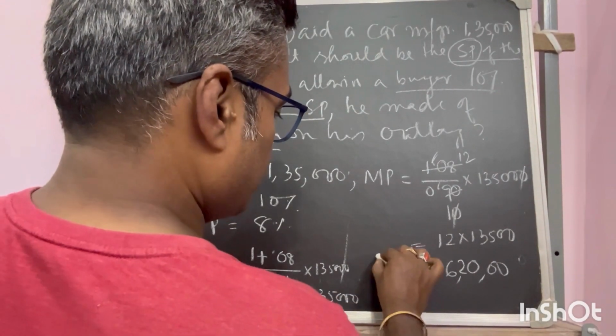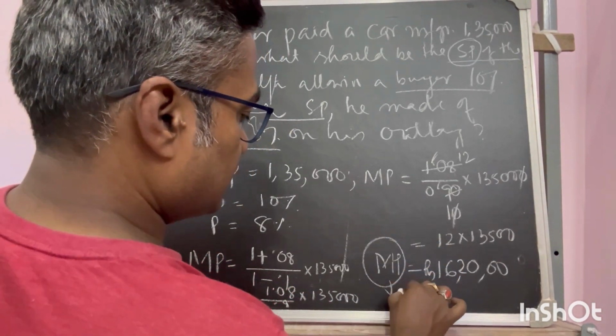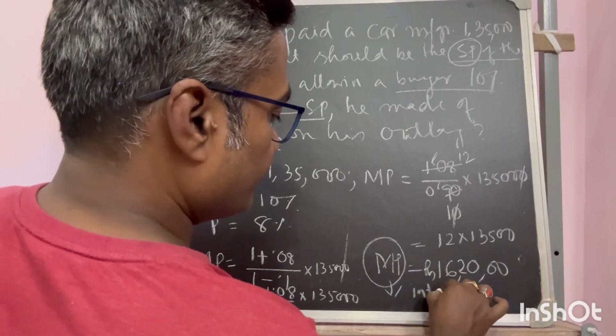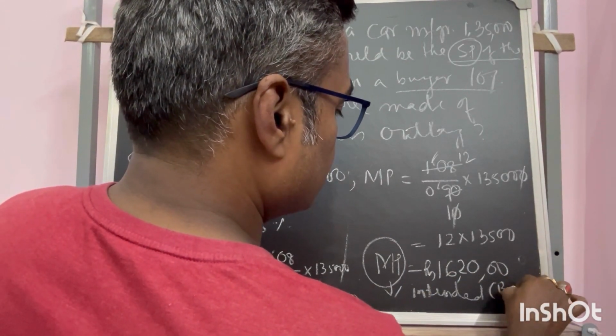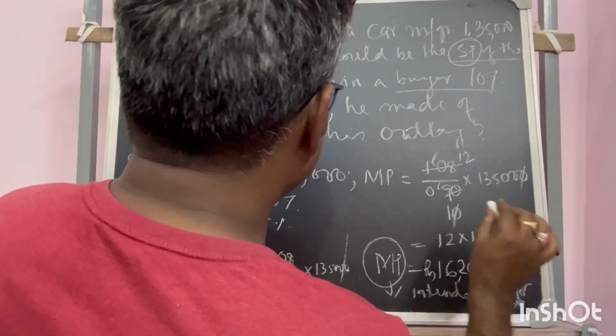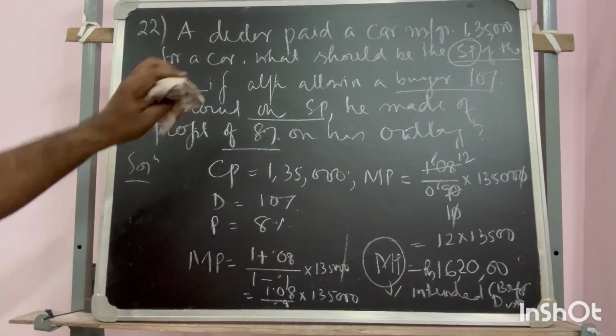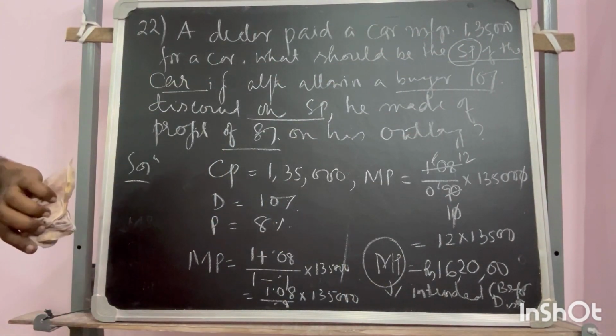This marked price can also be treated as a selling price, but that is intended, before discount. So understand, don't confuse this in the exam, otherwise you will be totally lost.